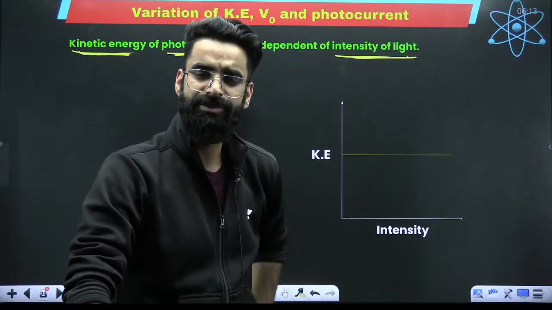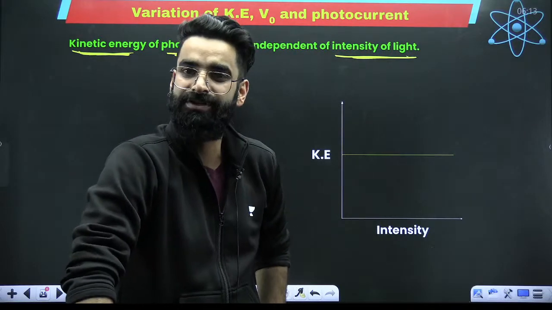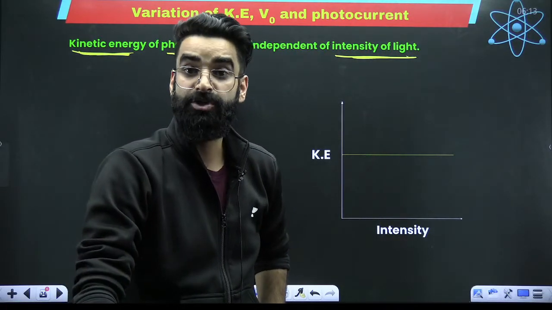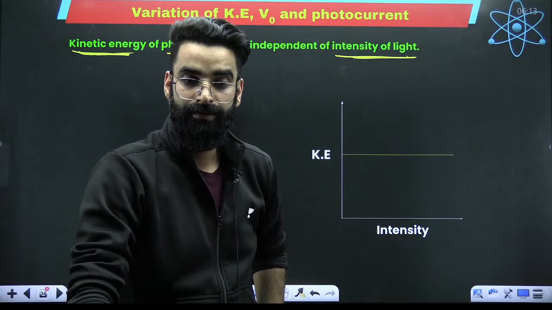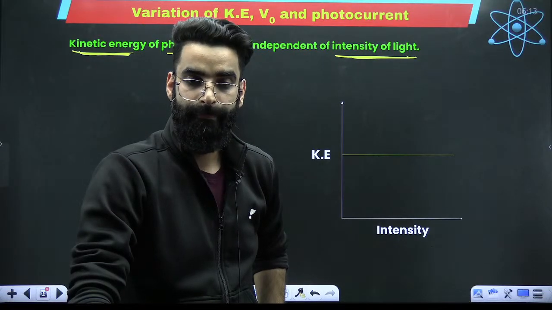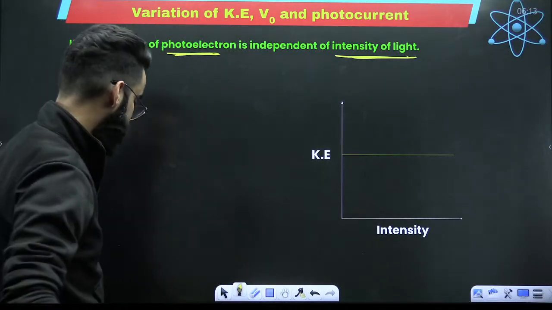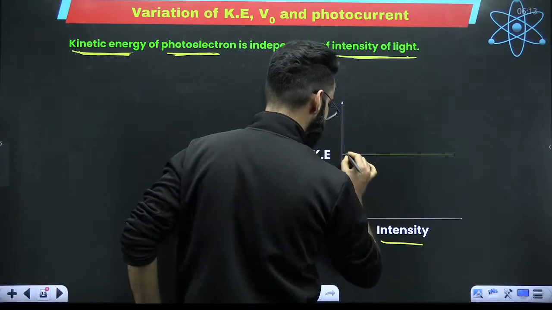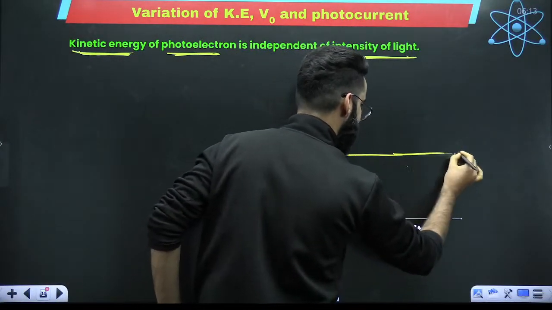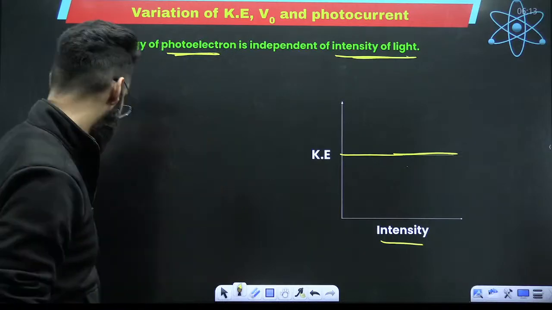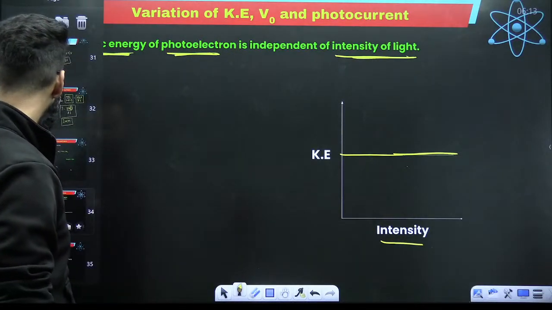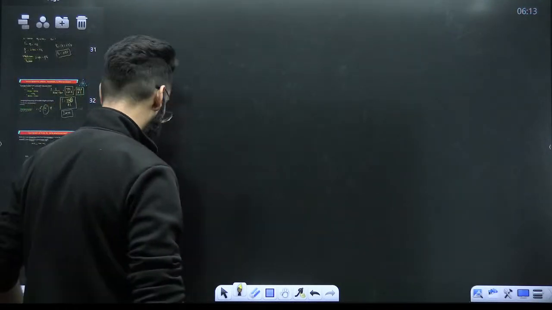Nothing will happen to the kinetic energy of the photoelectron. Nothing will happen to the stopping potential. Okay? I believe this is clear. So on increasing the intensity, the kinetic energy of the photoelectrons remains unchanged.